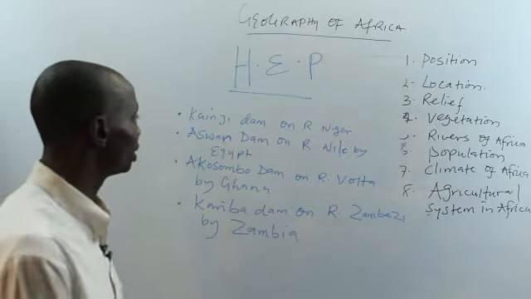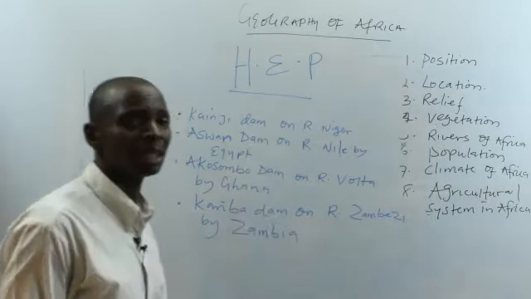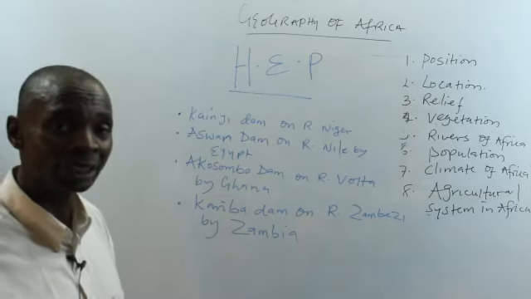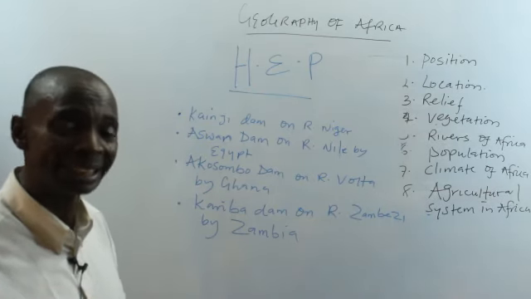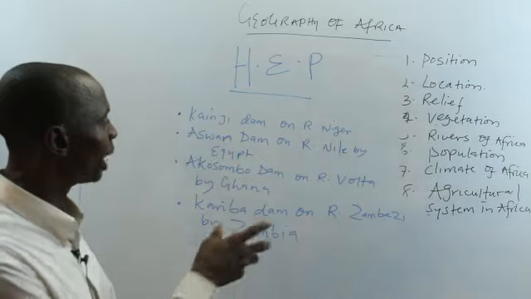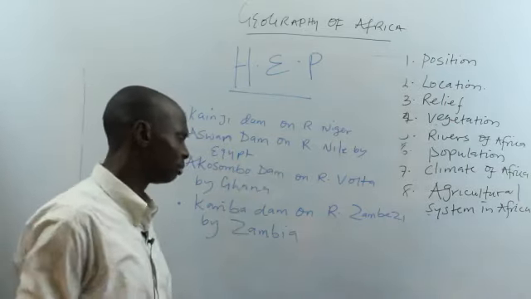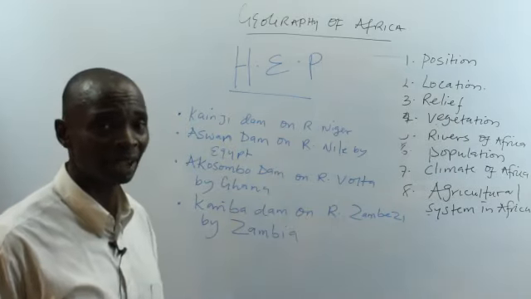These are factors that militate against the full potential of hydroelectric power. And also we talk about funding and inadequate skilled indigenous manpower to manage and control some of these hydroelectric power stations that we have in Africa.